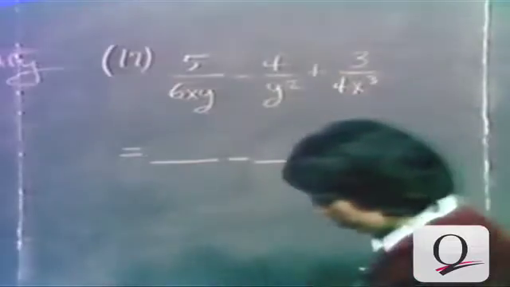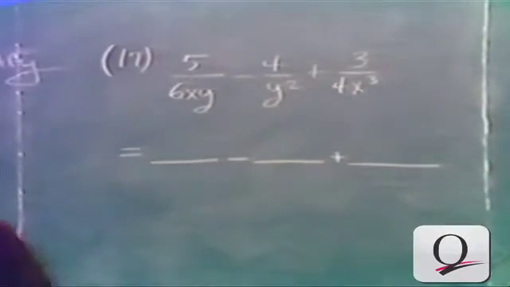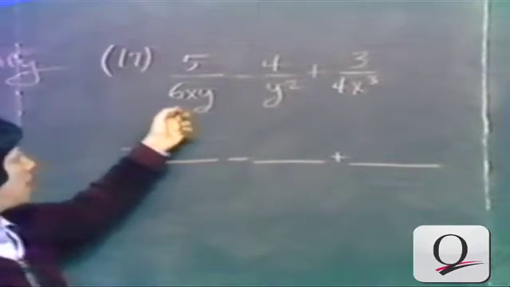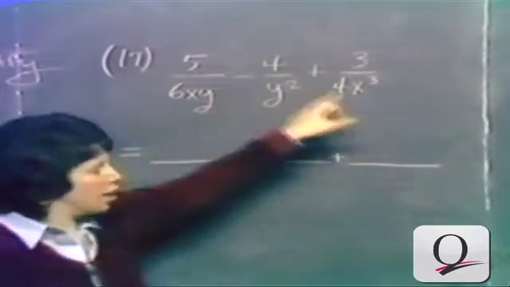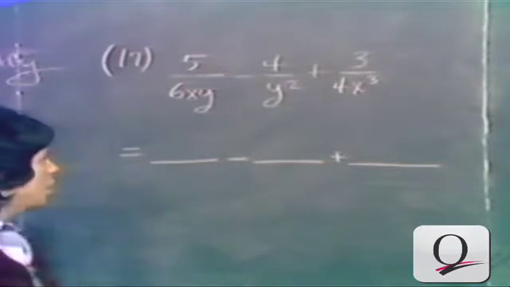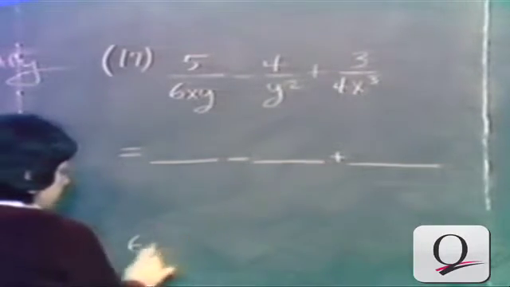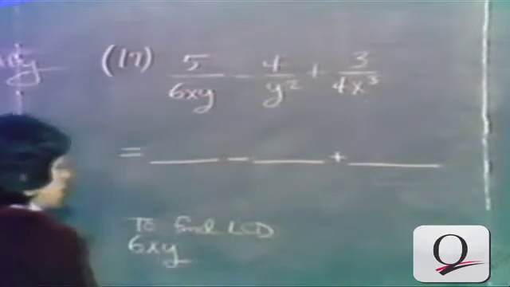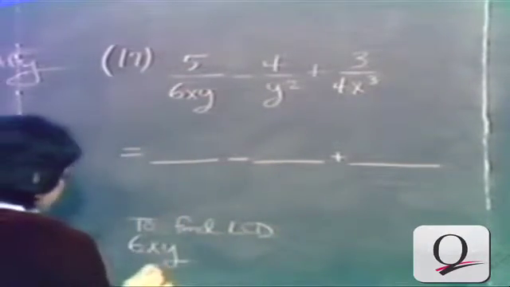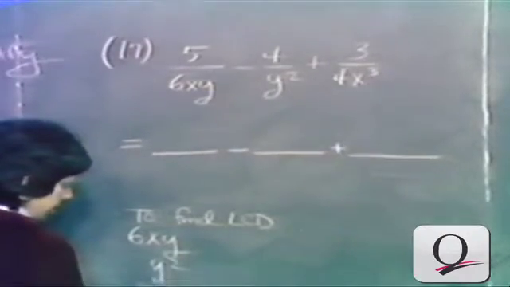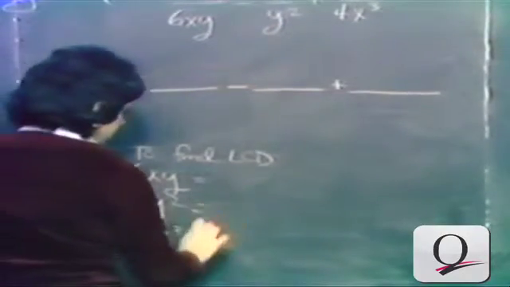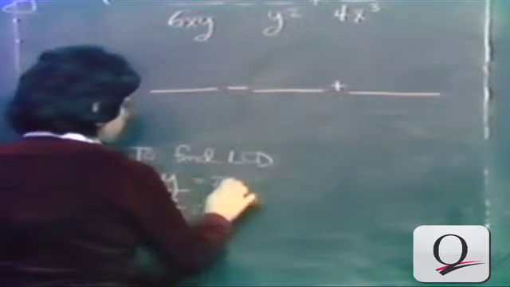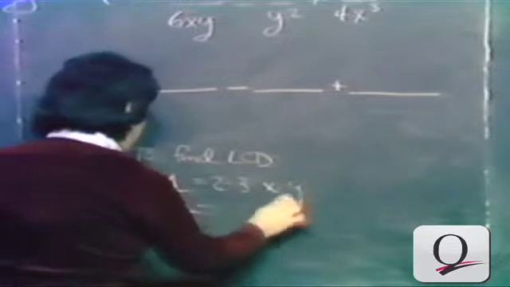Now, what denominator? We look for the lowest common denominator, the smallest quantity that has each of these denominators as a factor. The way to find it is to look at each denominator separately and factor it completely. 6xy is 2 times 3xy.